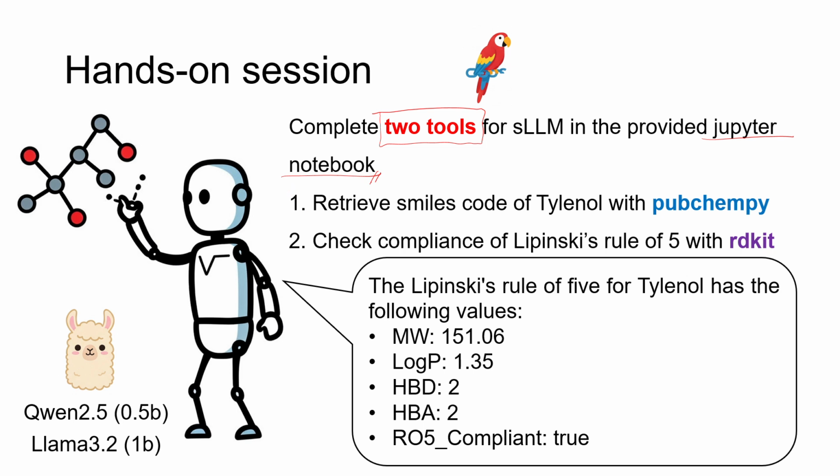First, the user asks a question, like in my previous video, the question was: does Tylenol satisfy Lipinski's rule of 5? Then what the model needs to do is first identify the name of the chemical, and then find the SMILES code using PubChemPy.